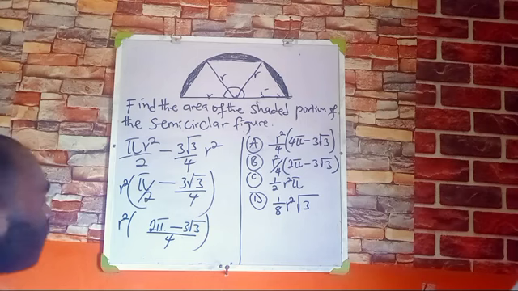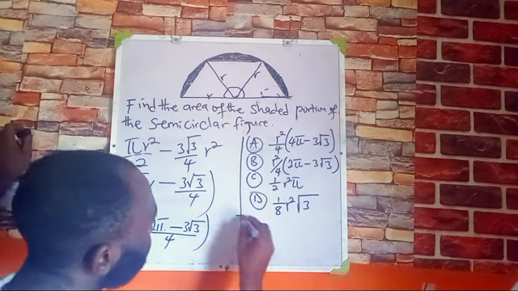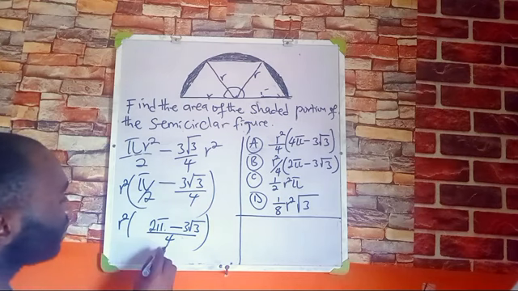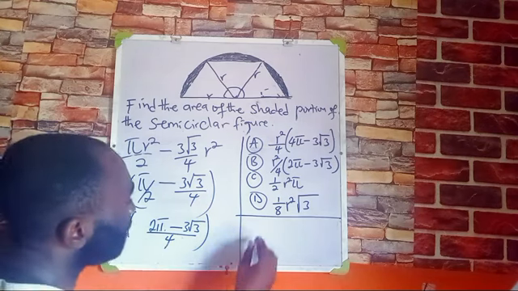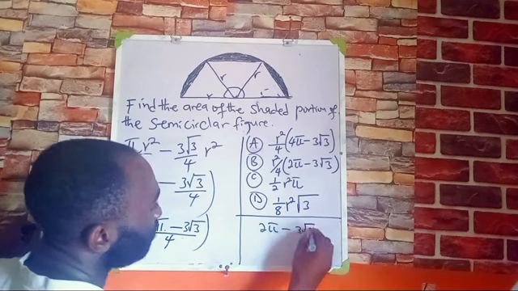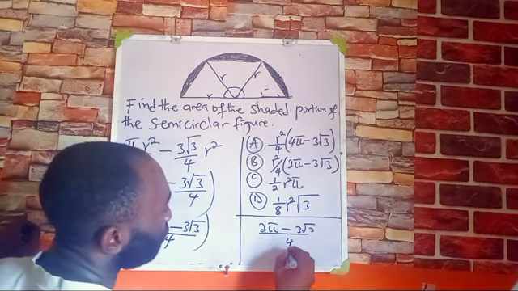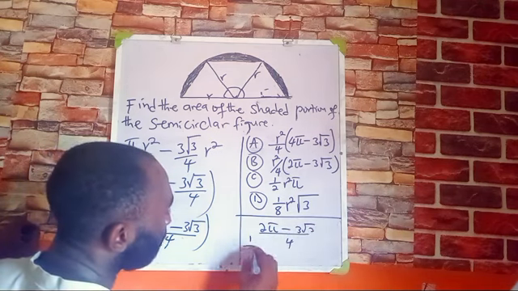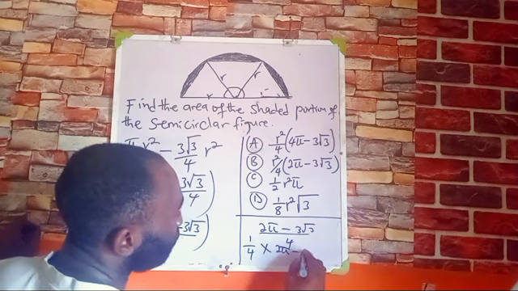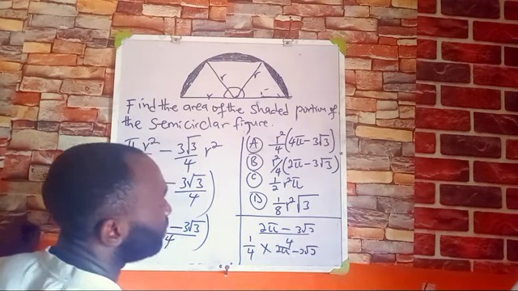Then with this we can still go ahead to say that 2 pi minus 3 square root of 3 all over 4 is the same thing as 1 all over 4 times 2 pi minus 3 square root of 3.